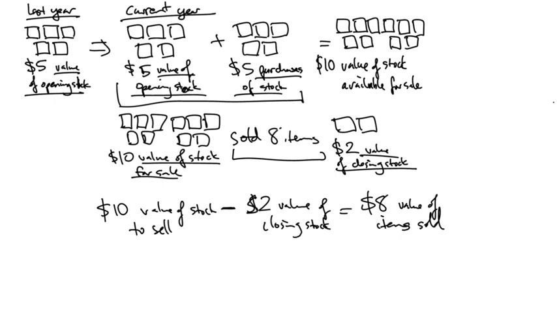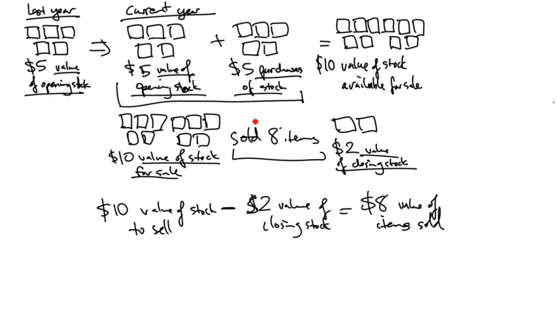Okay, remember how each one of these things we have said cost the business $1 to bring in. He started off the year with 5 of those things, so $5 value. He brought in $5 more value of items, so he had $10 worth of stuff on his shelves ready to sell.